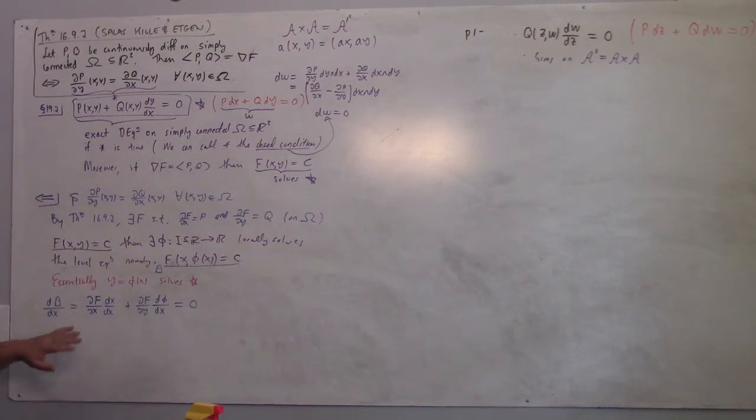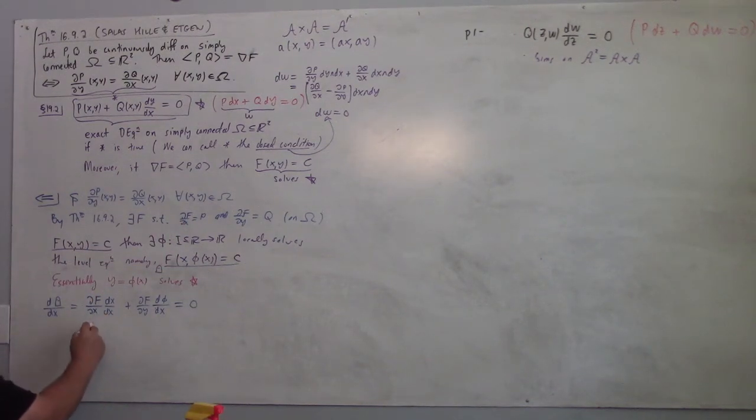To be more explicit here, this is partial f, partial x evaluated at x comma phi x, and this is partial f, partial y evaluated at x comma phi x, to be totally honest about the chain rule. So we have to evaluate at the inside function. But notice what we've assumed about big F. Partial f, partial x is p, partial f, partial y is q.